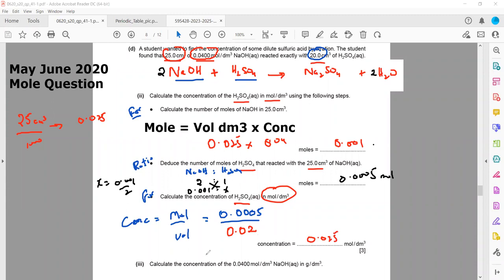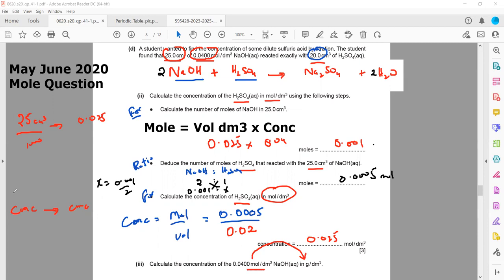The last part, we need to calculate the concentration of 0.04 mole per dm cube in gram per dm cube. So we want to convert the concentration from mole per dm cube to gram per dm cube. Remember, if you want to convert the concentration, we only have to change the unit.